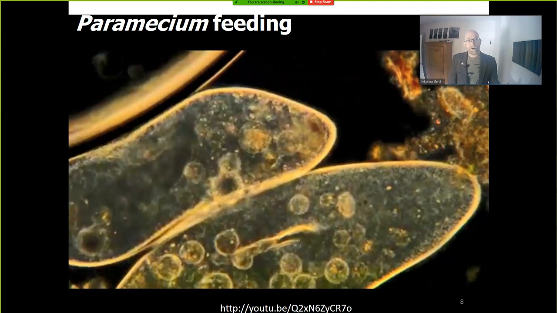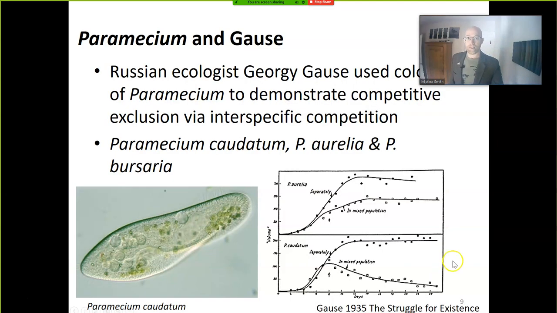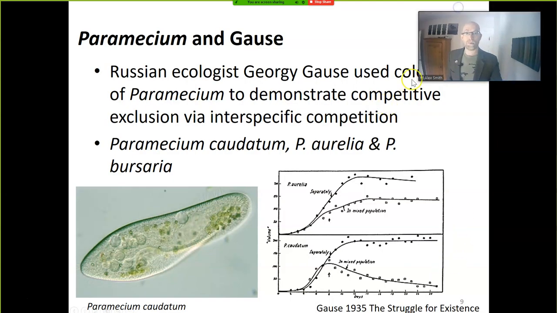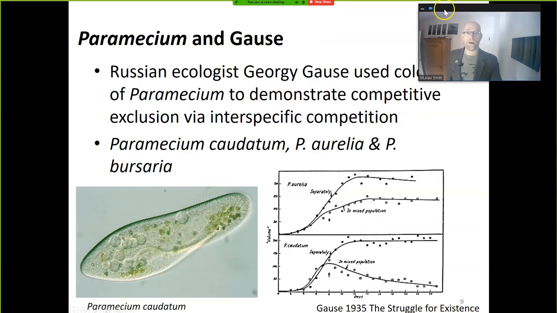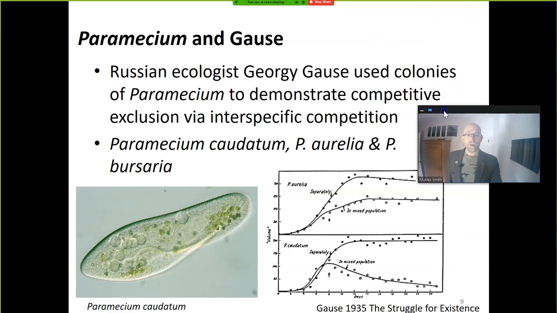Now, if you're interested in ecology, or if you've taken ecology or you're taking ecology and you heard about Gause's principle. Now, Gregor Gause was a Russian ecologist who talked a lot about, and who we still use to understand competitive exclusion via interspecific competition.